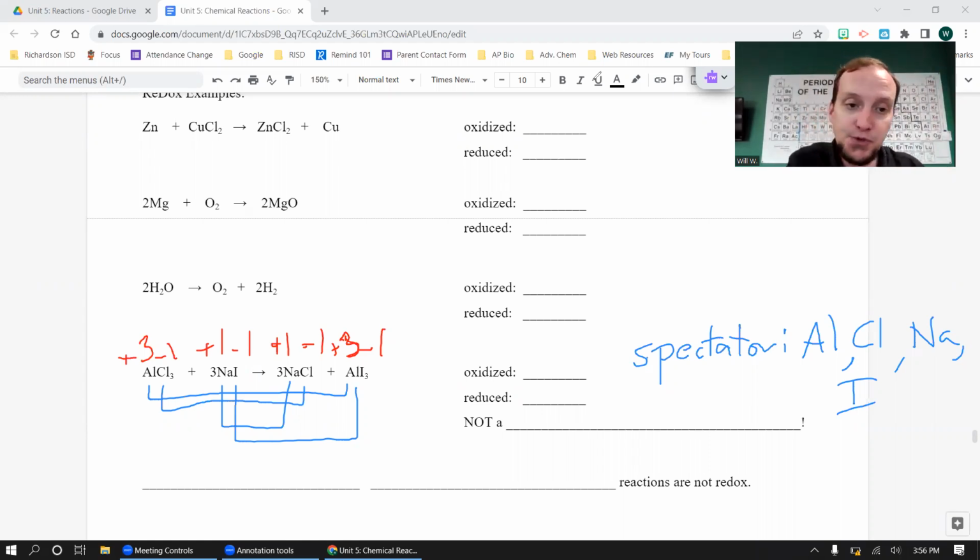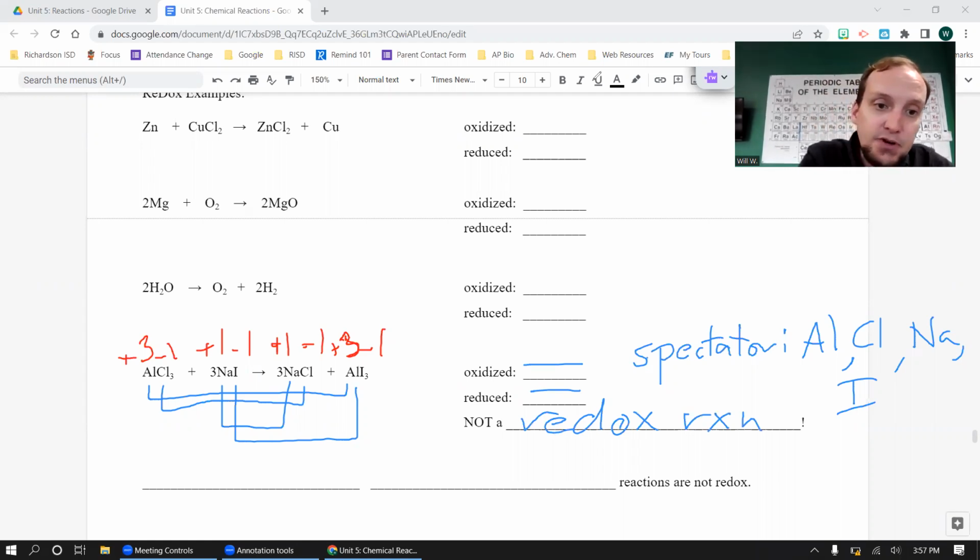None of them are changing. Aluminum is going from a +3 to +3. Chlorine is going from a -1 to -1. Sodium is going from a +1 to +1. And iodine is going from a -1 to -1. That means there is nothing being oxidized, nothing being reduced, which tells us it is not a redox reaction. RXN is an abbreviation for reaction. It is not a redox reaction.